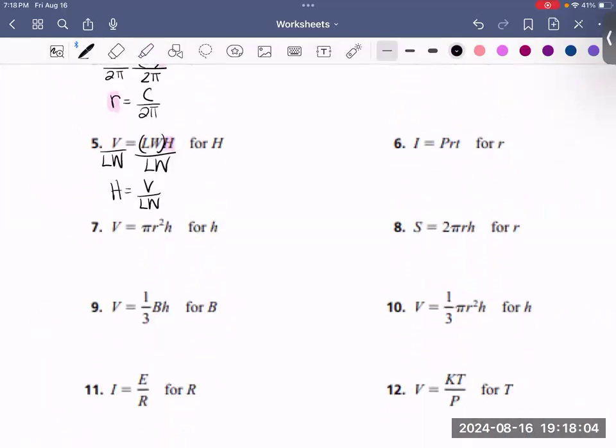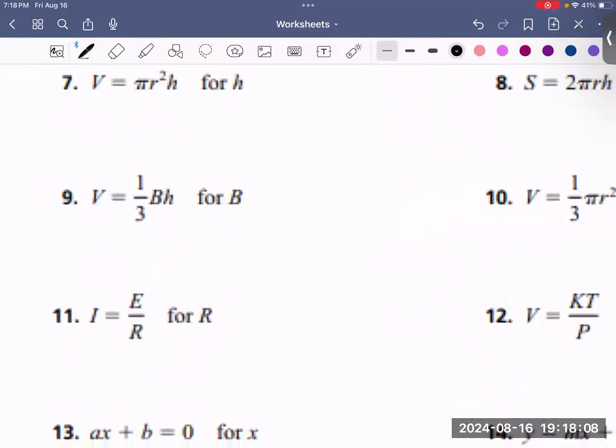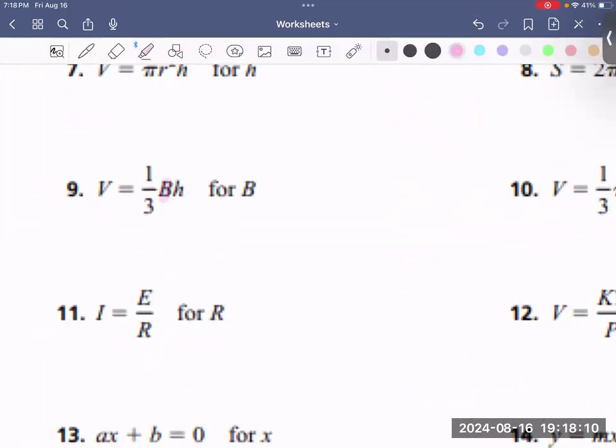All right, let's try number 9. So we're solving for B. And you can start by rewriting any sort of fractions if you would like. So this equivalent equation could be written as b times h divided by 3.